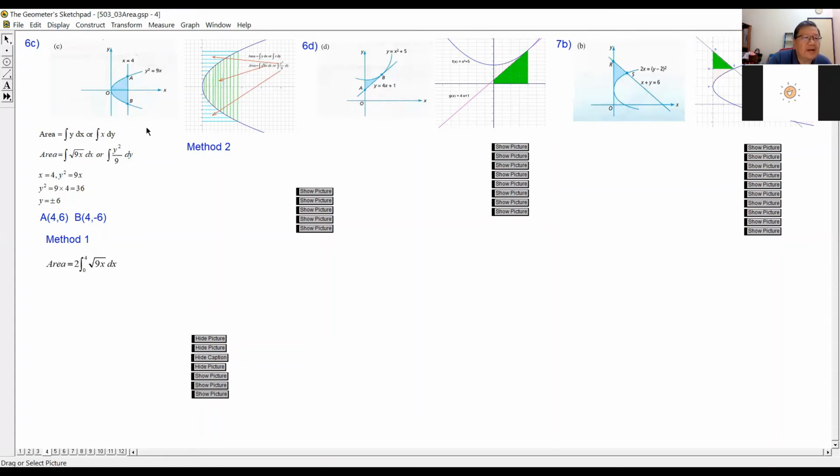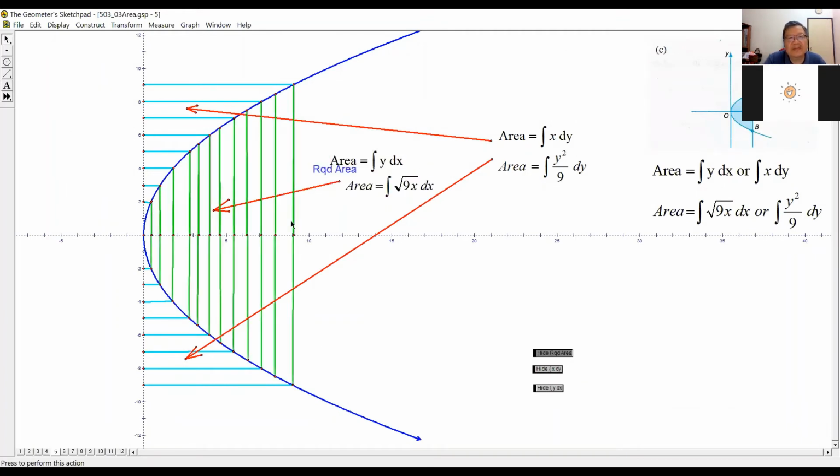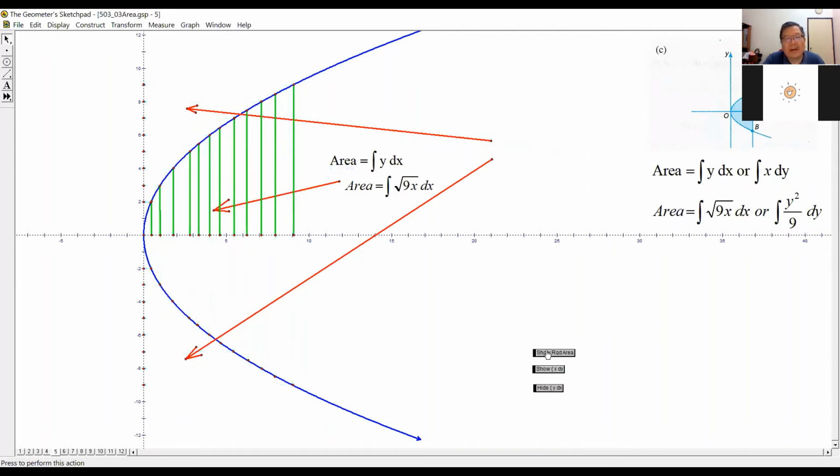Okay, now let's say if I want to find the area using integrate y dx, this one, y dx. So what will y dx give us? y dx will give us this part. Integrate y dx, that means you want from the curve until the x-axis.